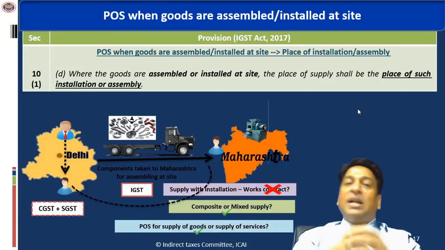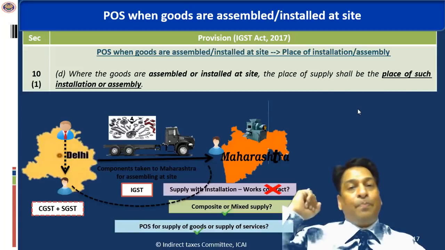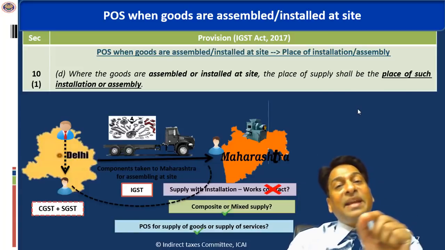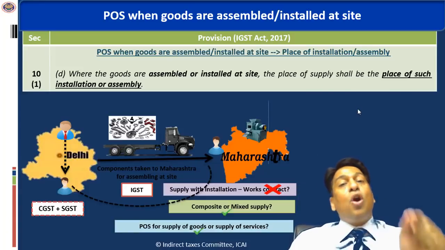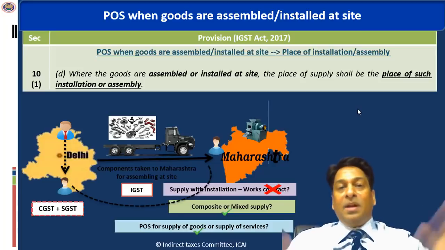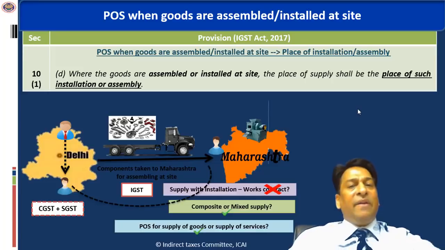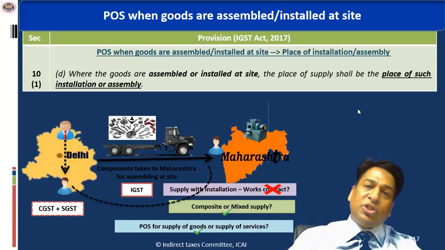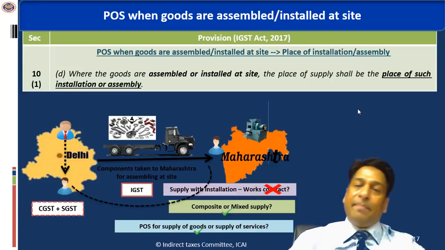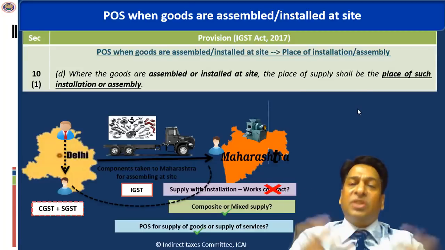IGST should have been charged, but I've got a certain question for you. Is supply with installation or assembly? Tell me, the supply of component going with installation and assembly, price is merged. Let's assume price is merged together under a single price.